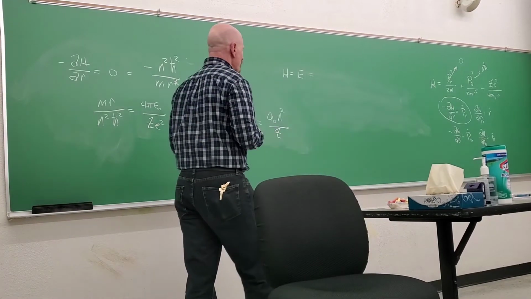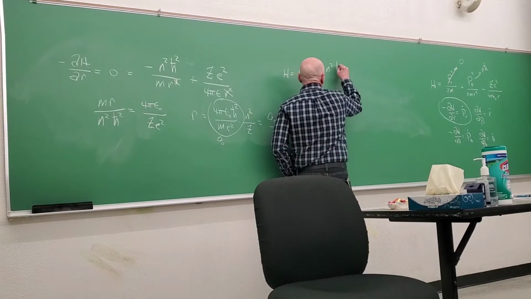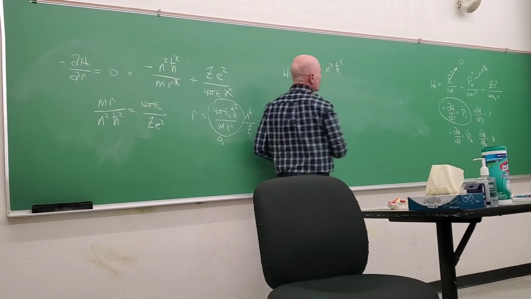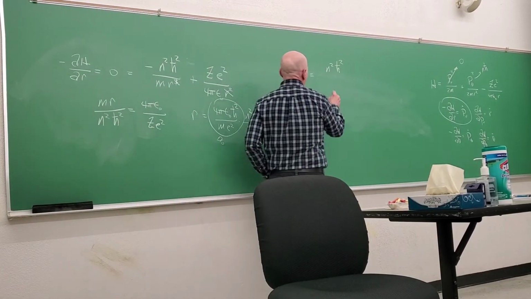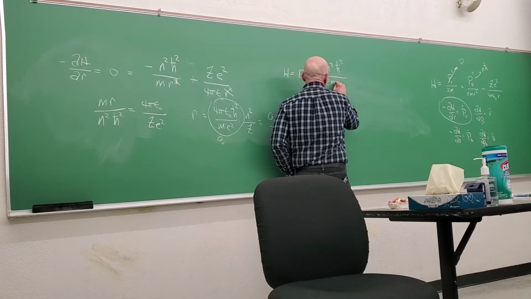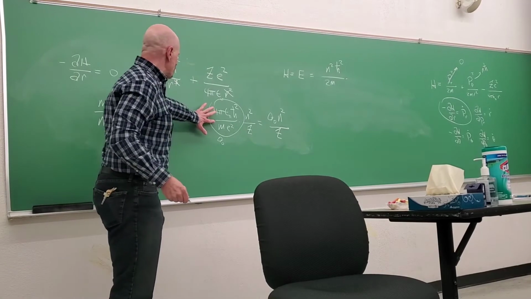All right. So the first term is going to be n squared h bar squared. That's my angular momentum squared according to Bohr, divided by 2m. Now, one of those r's, I'm going to do this.